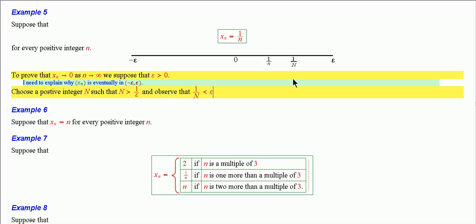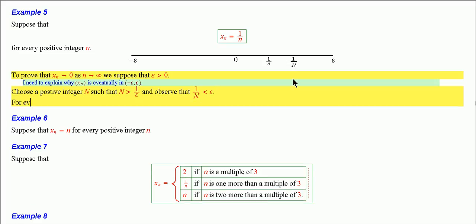Do you understand? Okay, now here's the important thing. For every n greater than or equal to big N, if you ever write for every n greater than or equal to big N, everybody will understand that you meant for every integer n greater than or equal to big N. If you feel like writing for every integer, it is more precise, but the community would understand in this context, especially since I'm going to refer to x sub n, that you meant an integer.